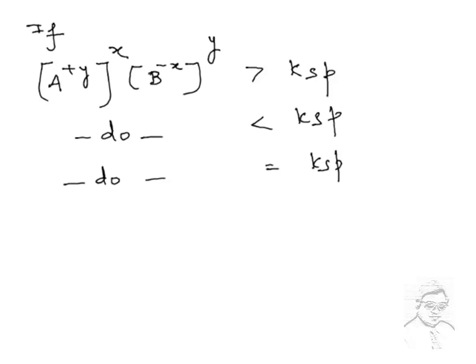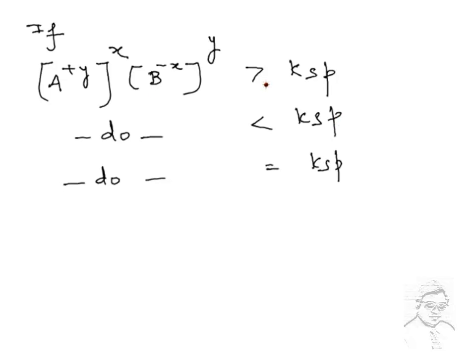To generalize this discussion, imagine these ions present in a vessel. When these ions are present in the vessel, this A plus to the power y and B minus to the power x ions, calculate this number, right? Then check if that number is more than Ksp, equal to Ksp, or less than Ksp.